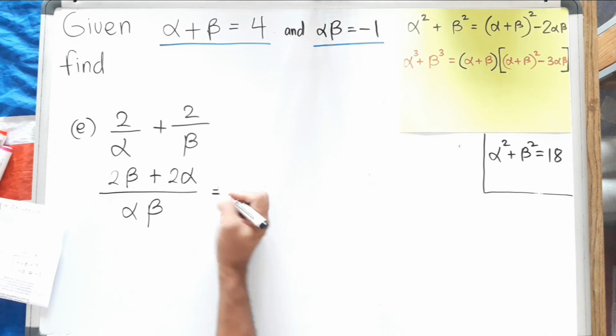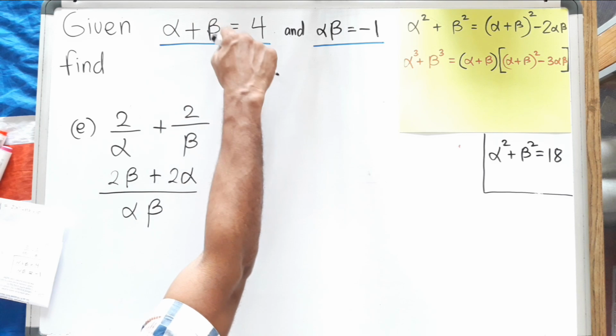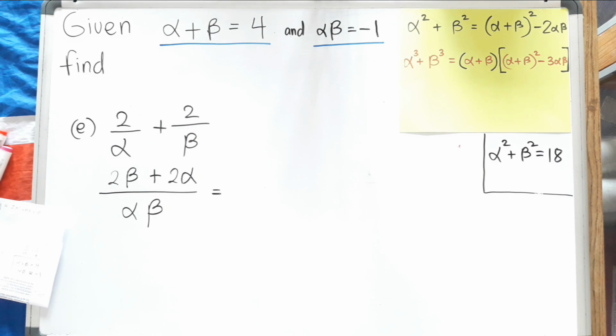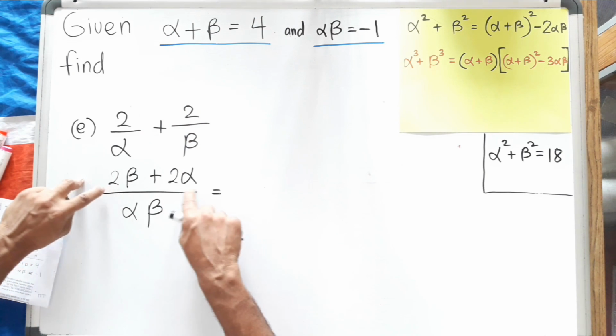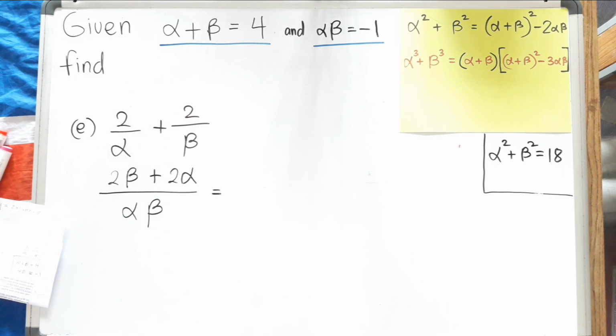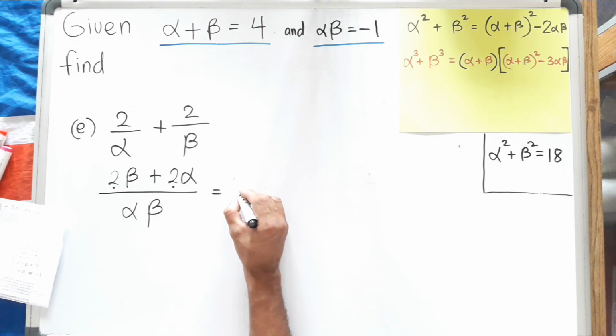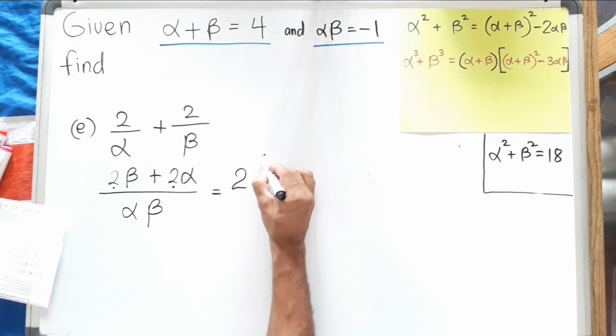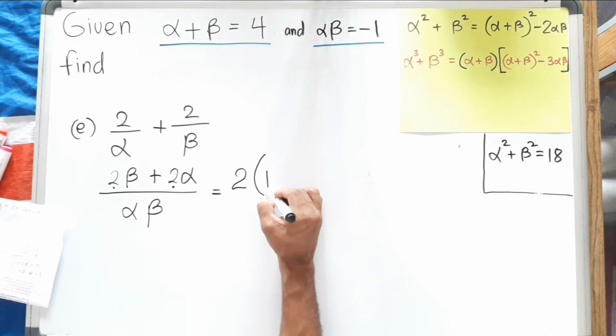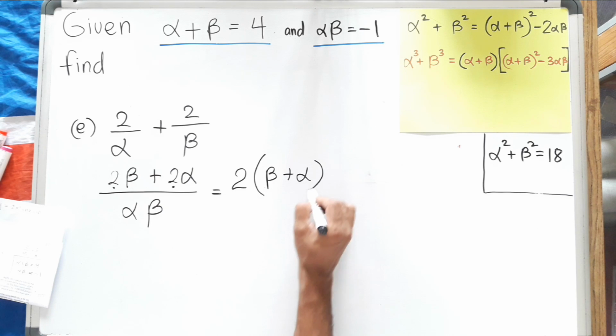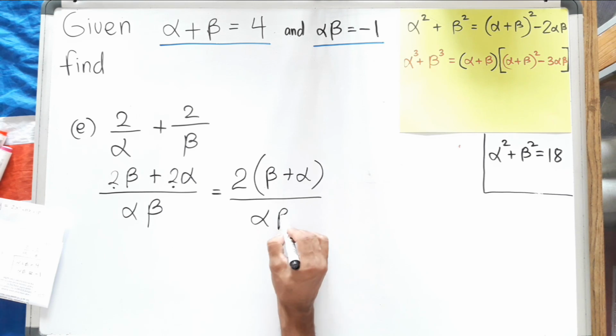All right. Now remember, anywhere we see an alpha plus beta, we can replace it with 4. 2 beta plus 2 alpha is different to alpha plus beta. However, we can factorize out the 2 because both of them have a 2. So 2, open brackets, beta plus alpha, divided by alpha beta.